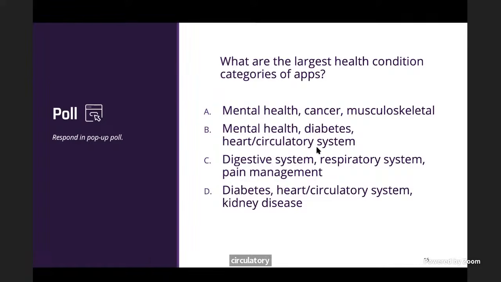What are the 3 largest categories? All right, let's see those results.